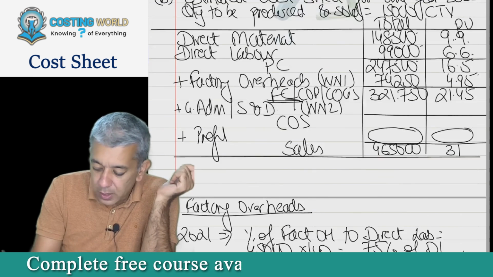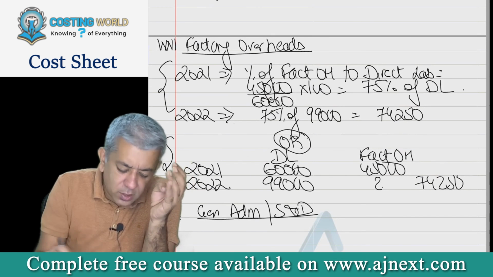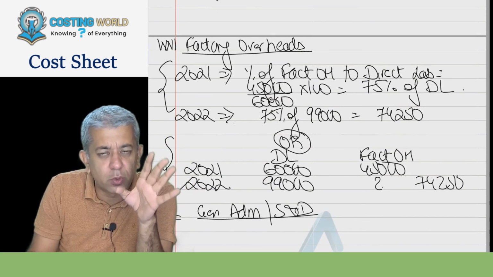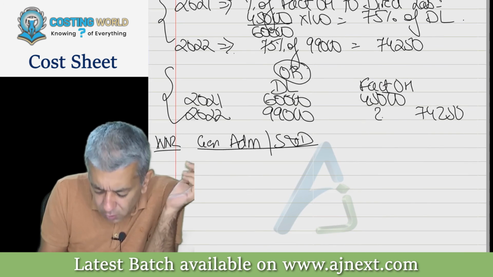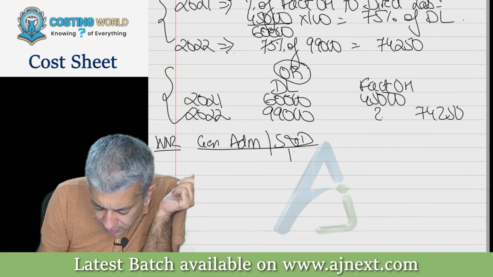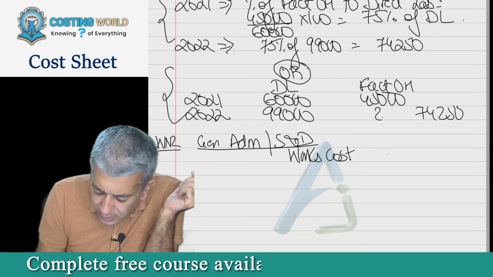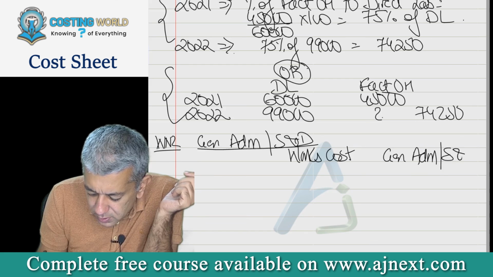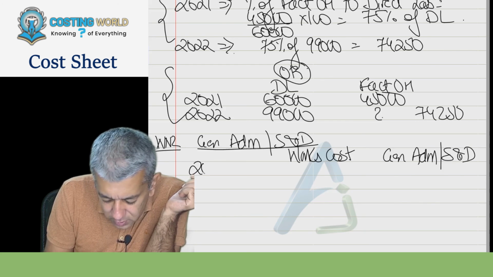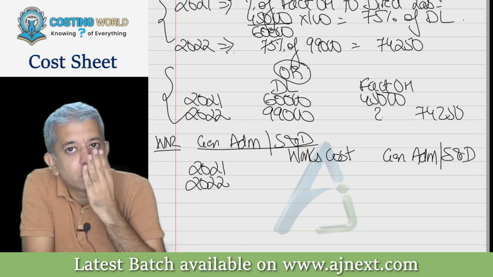Now I'm not going to do both methods. You can tell me first method or second method. Any is okay, the answer in any case is going to be the same. So first or second? Second. Okay, so write down works cost and general administration / S&D for 2021-2022.